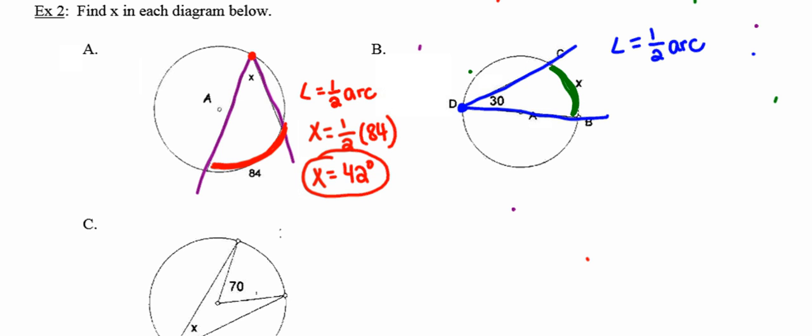That arc is going to be the part of the circle that's between the two sides of that angle, in other words, the arc that I've marked there in green. And if I go plug in, this time I know the angle is 30 degrees. That's going to be equal to 1/2 of the arc that it intercepts, or 1/2 of arc BC. And therefore, the measure of arc BC is going to be equal to 60 degrees.